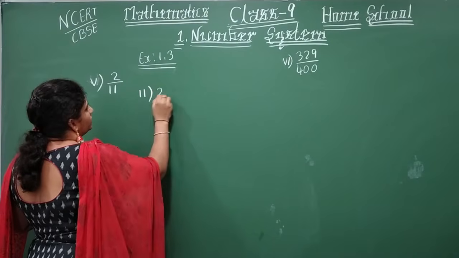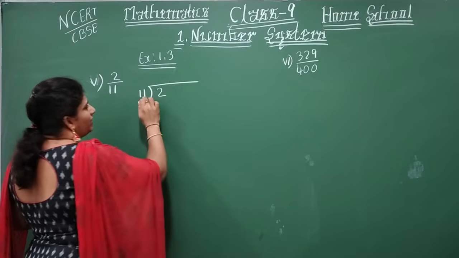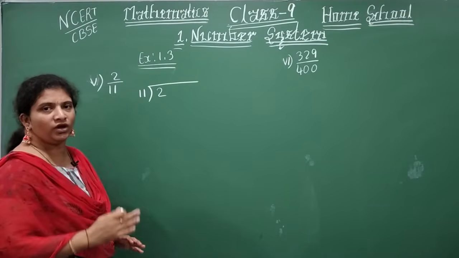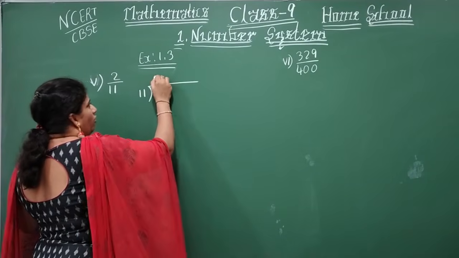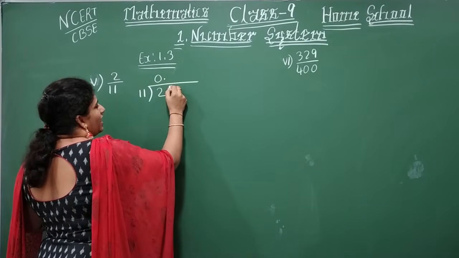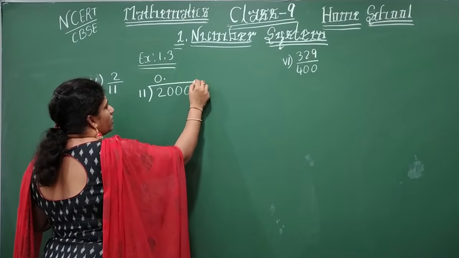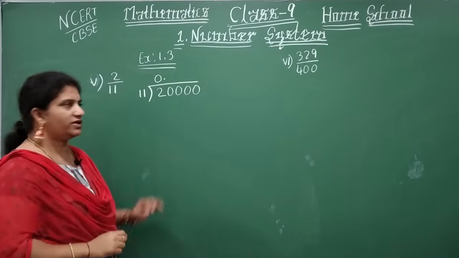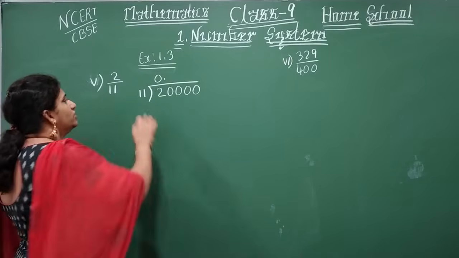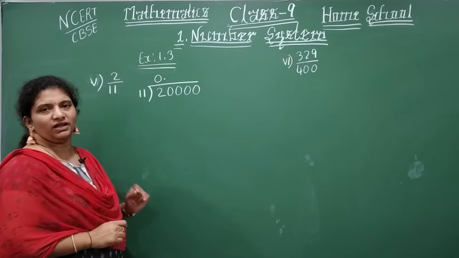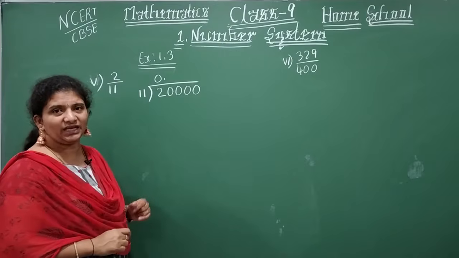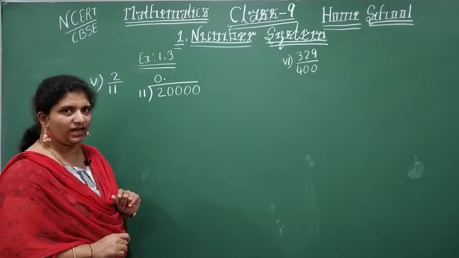11, 2. Okay, in 11 table we won't get 2. So what you need to do? 0 point and then you need to extend zeros. Okay children, so let's put here 4 zeros. So now 11 table, where you get here 20, 11 ones are 11.